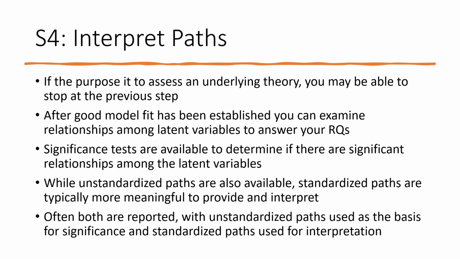So typically what happens is you'll see an unstandardized path with stars for the significance level, and then you'll see the standardized path in parentheses afterwards. So you'll see both: the unstandardized path, stars for significance, and then in parentheses the standardized path, which typically is what's interpreted.